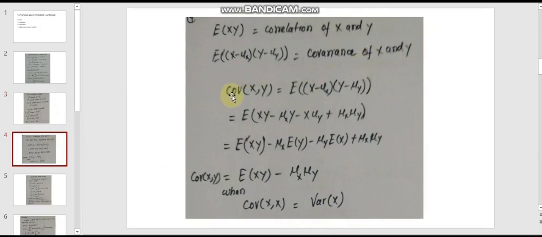So the covariance of x and y can be described by the joint expected value of x and y. We can write this one, the covariance of random variables x and y.